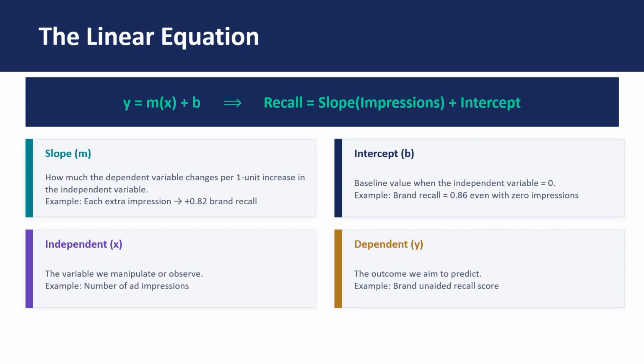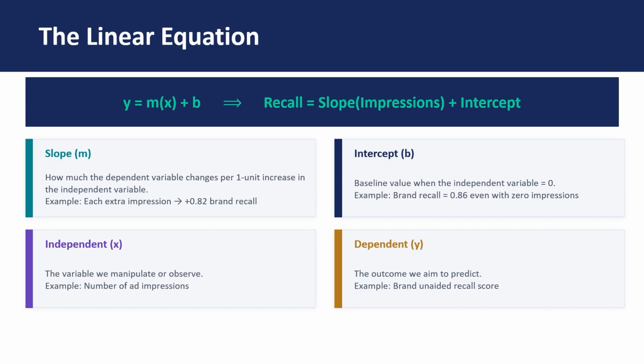So every time someone sees the ad one more time, we expect brand recall to go up by 0.82 points. The intercept, B, is our starting point: the expected recall when impressions are 0. Here it is 0.86. That tells us there is some baseline brand awareness even without advertising.